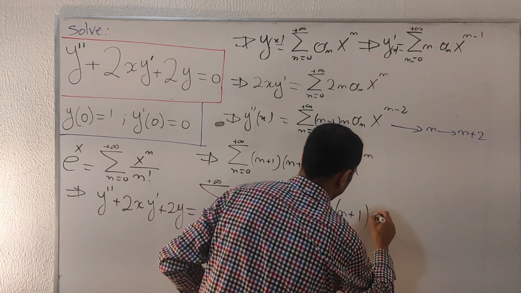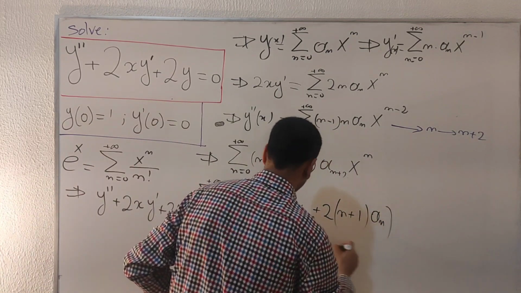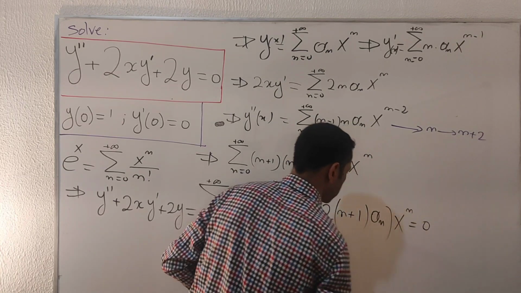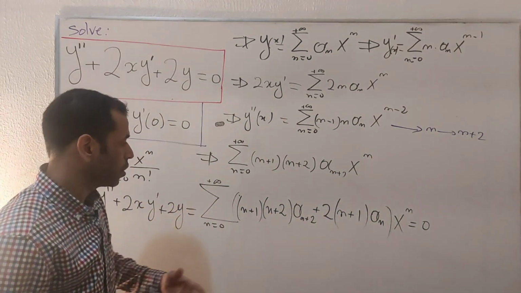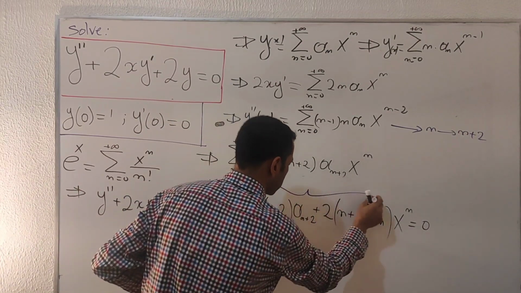Both terms are multiplied by e sub n as a coefficient. So the whole thing is multiplied by x to the n, which equals 0. If this sum equals 0, it means this bit equals 0.